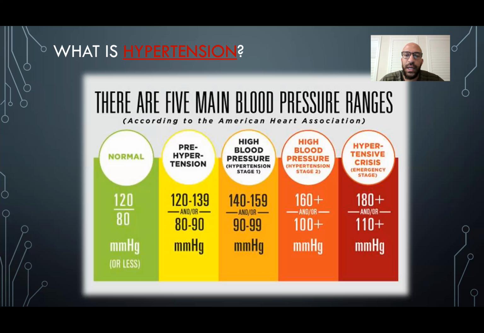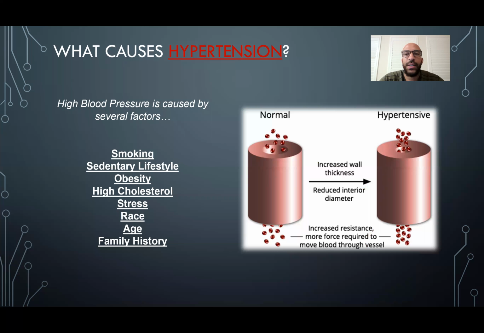So we will discuss hypertensive crisis and the emergency stage later on in this presentation, but I wanted to introduce you to those values, for you to remember those values, this slide, and these numbers as we progress later in our presentation. Let's continue. So now that we know what hypertension is, we also want to know what causes a patient to develop hypertension.